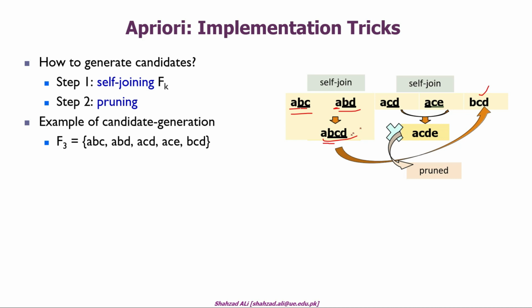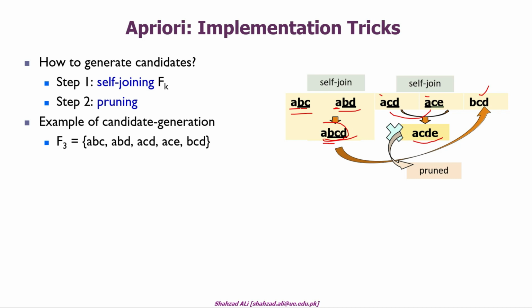So we can consider its superset as frequent. But from these two item sets of length 3, ACD and ACE, we get ACDE, as A is the same, and we combine the other two as the candidate item set of length 4.